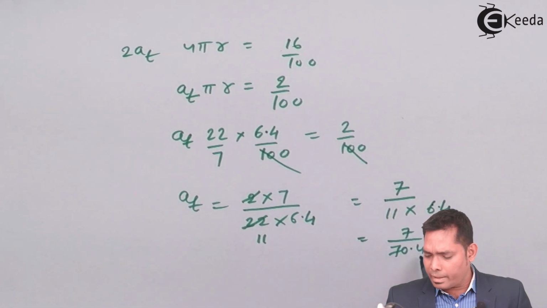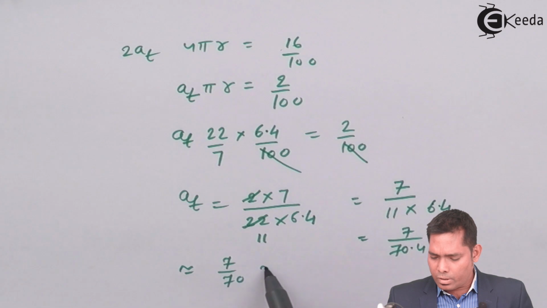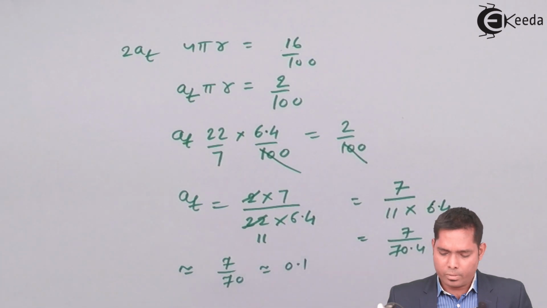I will neglect this 4 because it's around 70, so approximately it is 7 over 70, which is equal to 0.1 meter per second square.